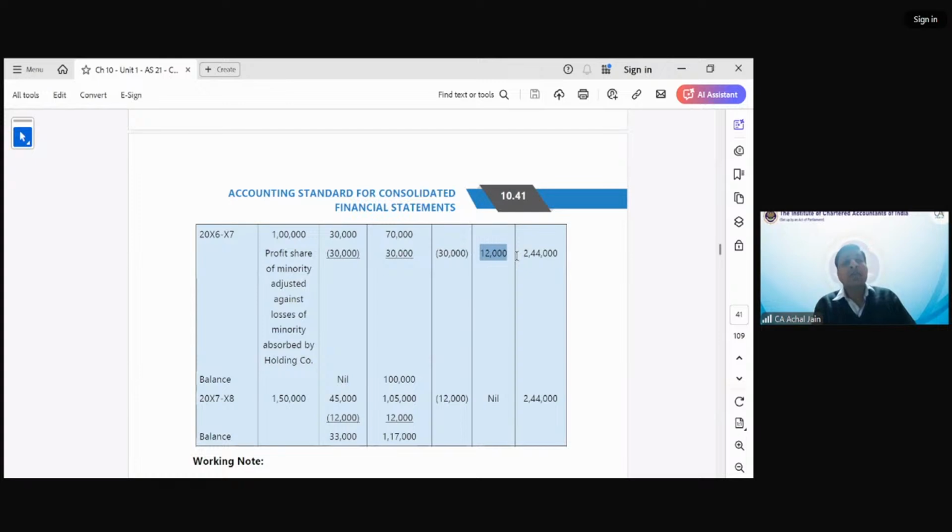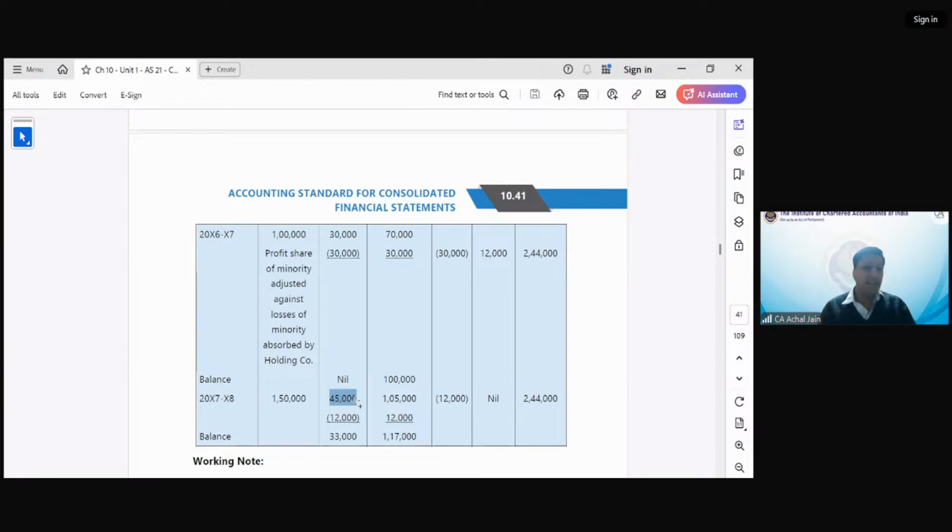Now moving on to, I think, seventh year. Okay. In seventh year, again, there is a profit of 45,000, and 1,05,000 is the share of the two parties. Now, should we transfer this entire profit share of minority to majority? The answer is no. Why?